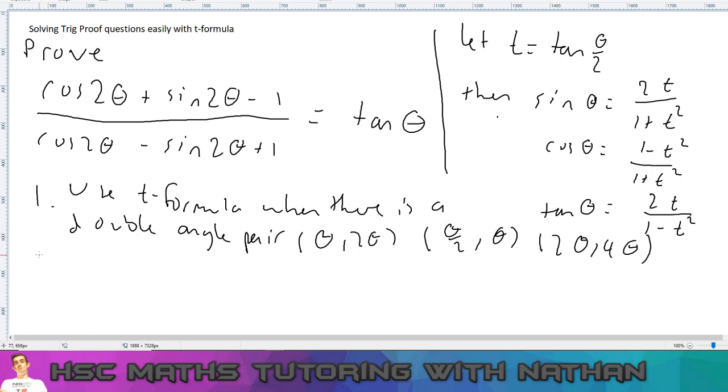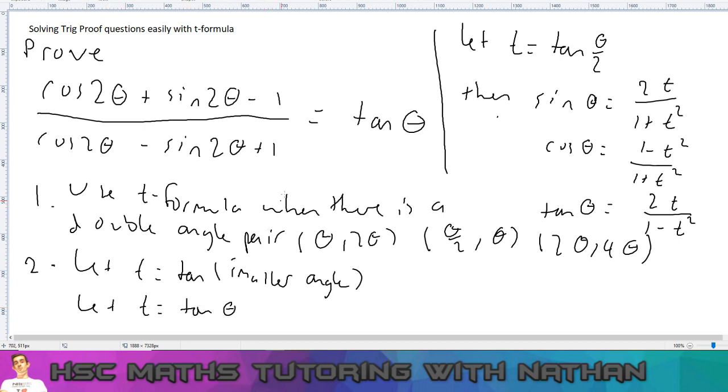So once you identify a double angle pair, you let t equal tan of the smaller angle. So in this proof, my first step would be let t equal tan theta, because that's the small angle.